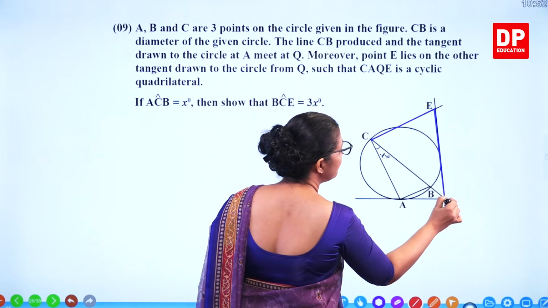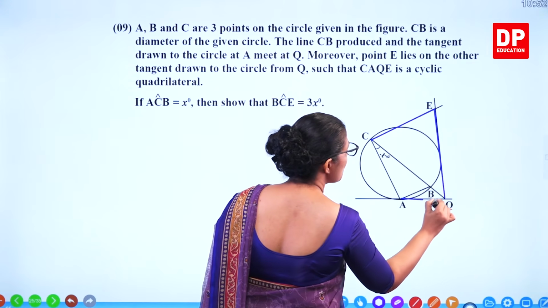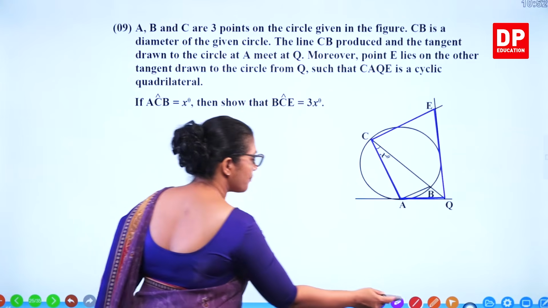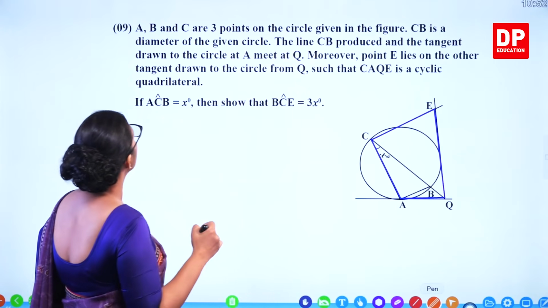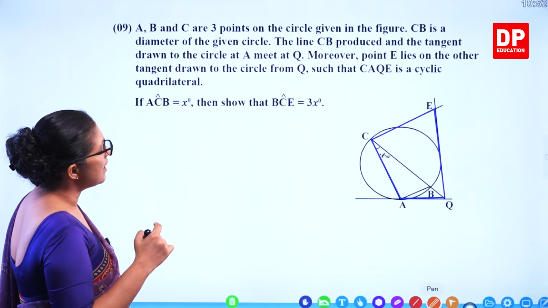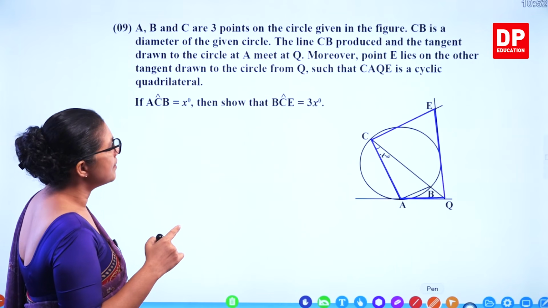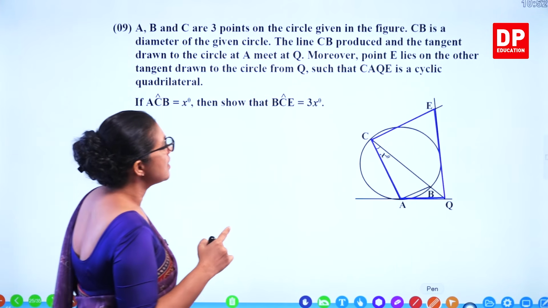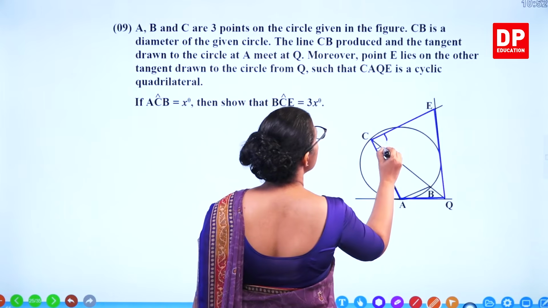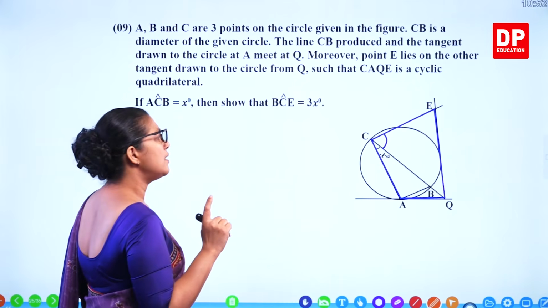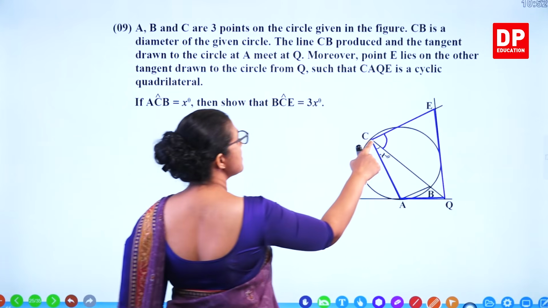If ACB is x, then show that the BCE angle is 3x. So we need to prove that this is 3x.